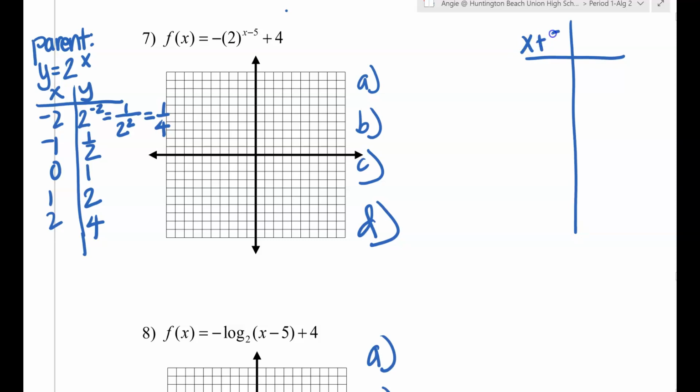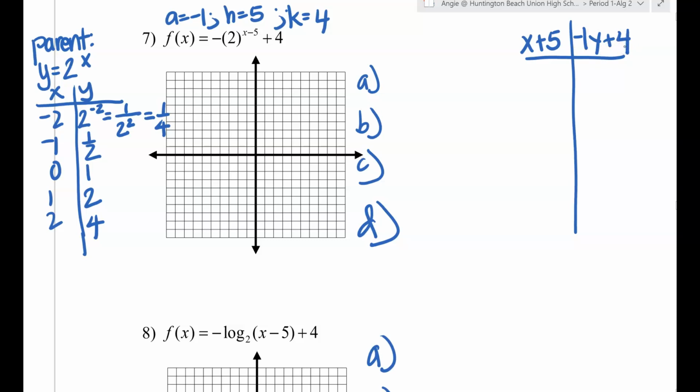Now x plus 5, because h is 5, so a is again negative 1, h is again 5, and k is the same as the previous examples, 4. So negative 1 times y plus 4.